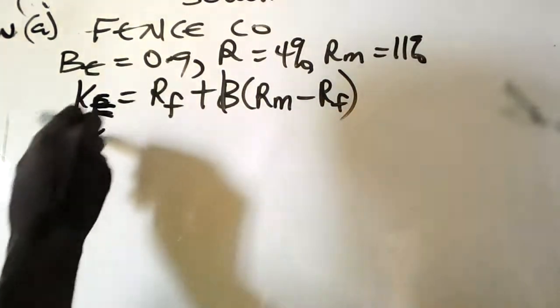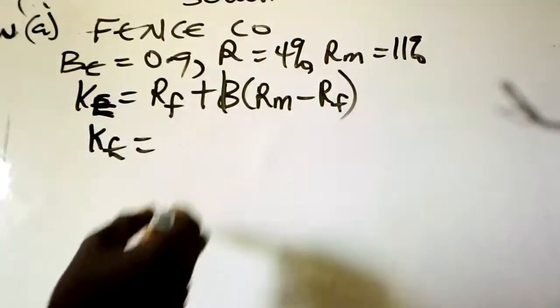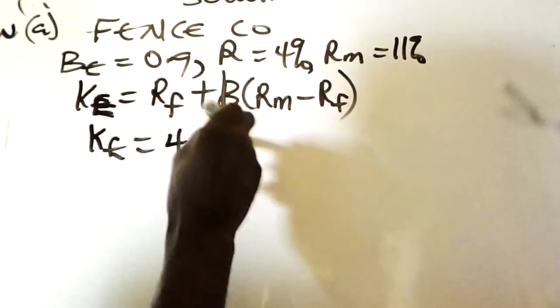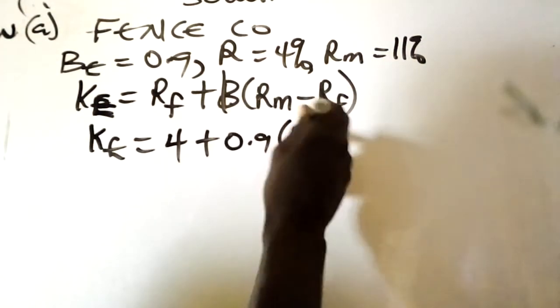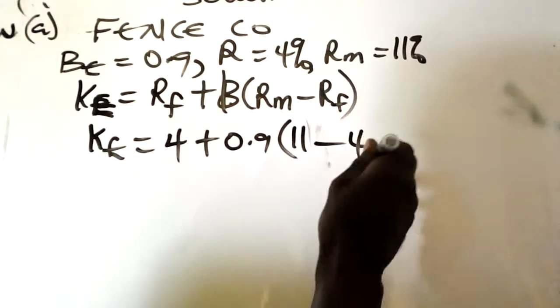So cost of equity will be RF, which is 4, plus the beta, which is 0.9, multiplied by RM, which is 11%, minus RF, which is 4.